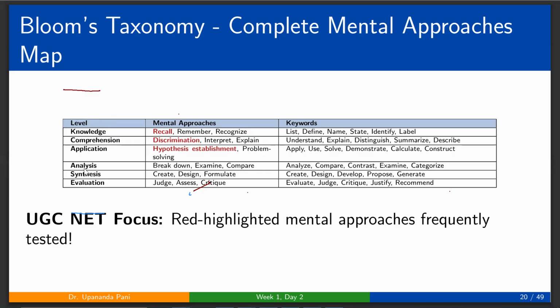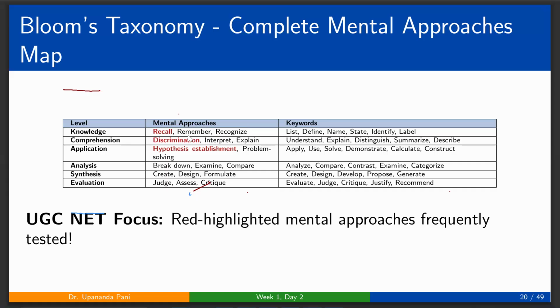So what are the different levels of mental approaches? You can say that is knowledge, comprehension, application, analysis, synthesis and evaluation. So how can you identify them?